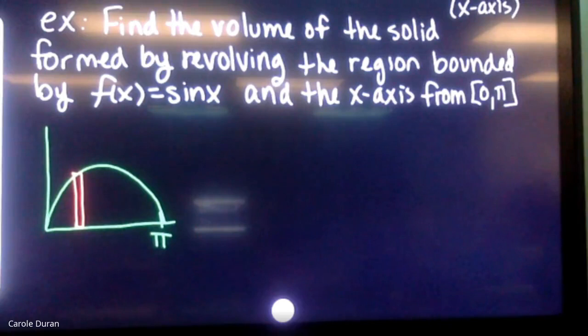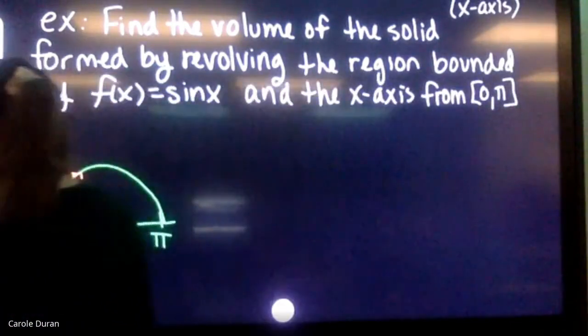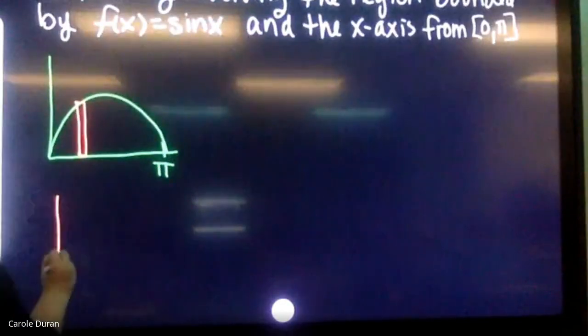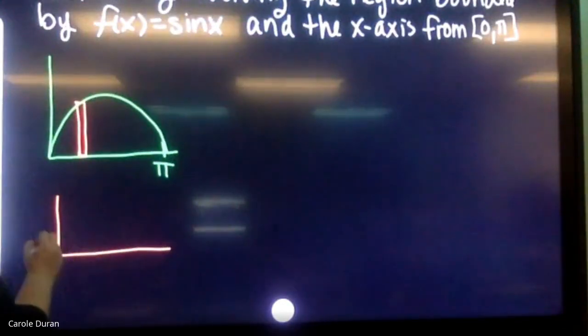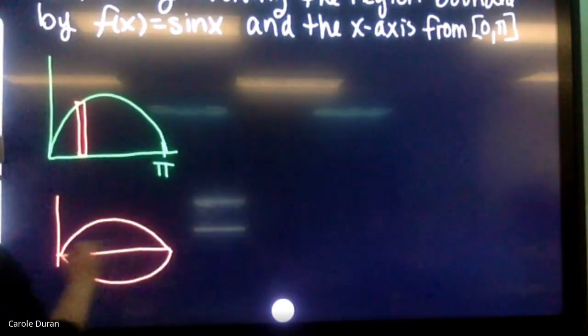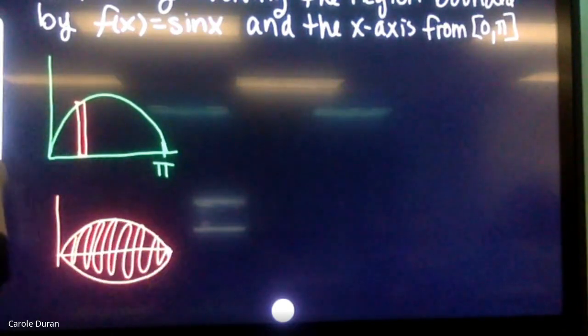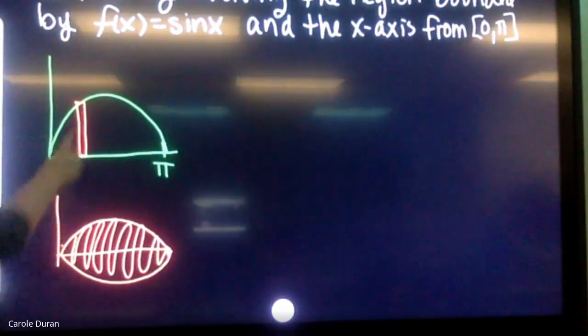It also sometimes helps me to know what my revolved solid looks like. If we were revolving this horizontally like it says, it would create a football shape. We're doing a disc, yes, this is a disc.